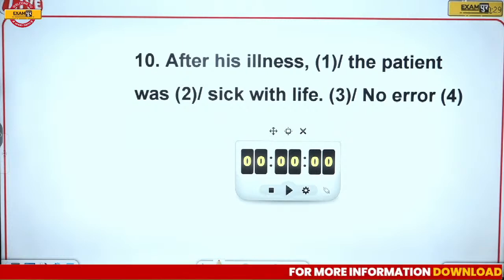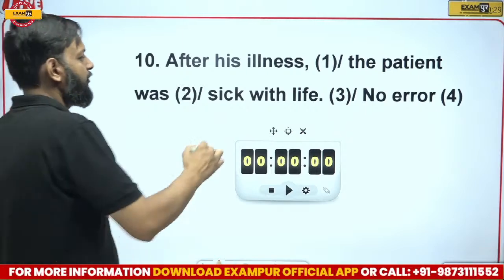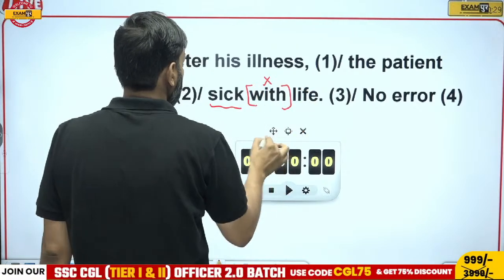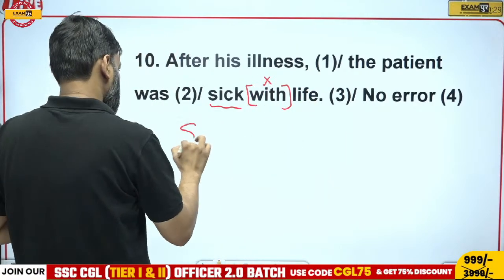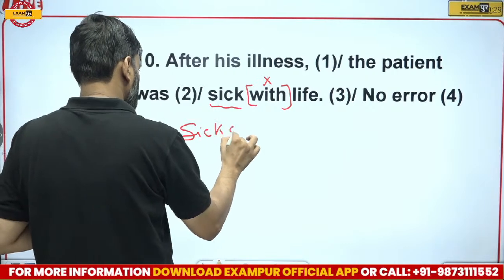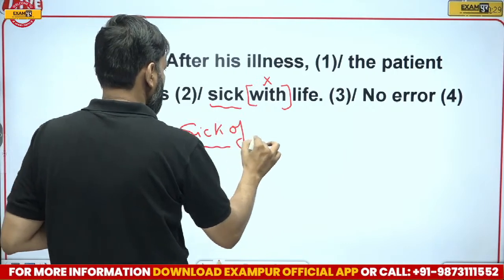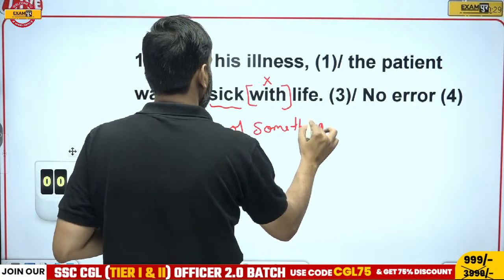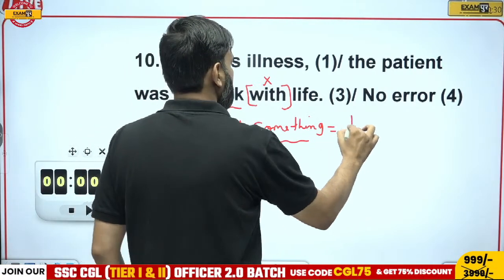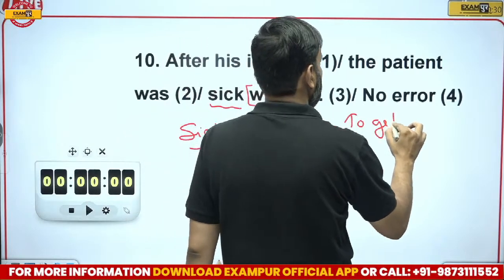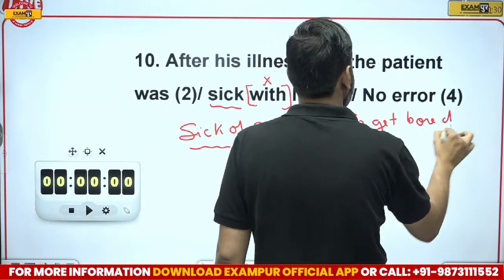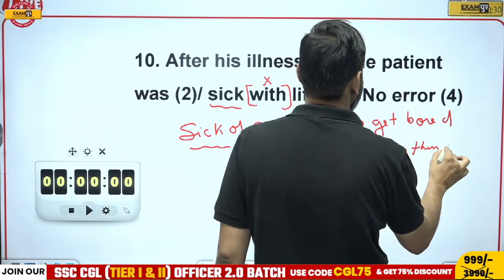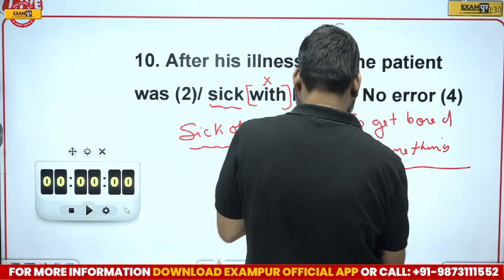See, in this sentence, "sick with life", this is wrong. Okay, because sick is always followed by of. Sick of something means to get bored of something, or to be annoyed.